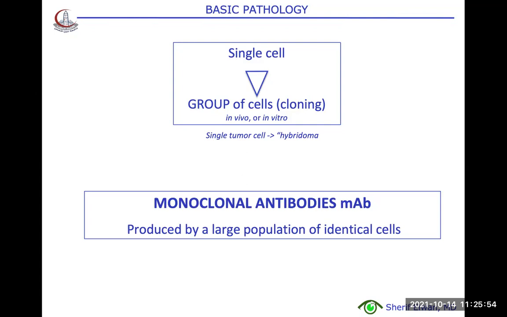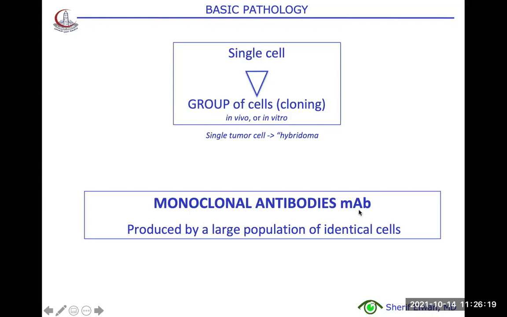If this single cell becomes a group of cells that is cloned, that becomes a sort of a cell culture, this may result in a secretion of a clone of antibodies as well, and this is where the monoclonal antibodies are secreted.